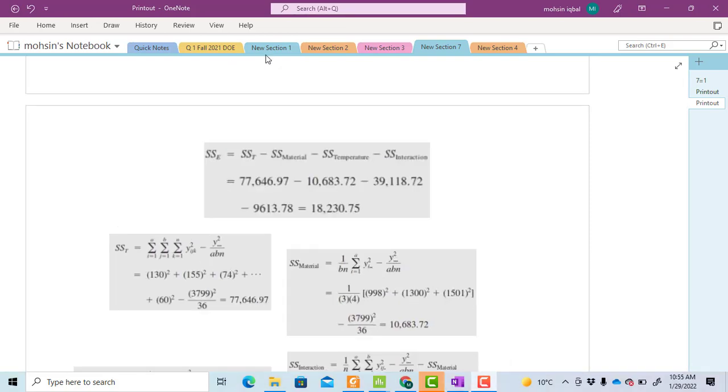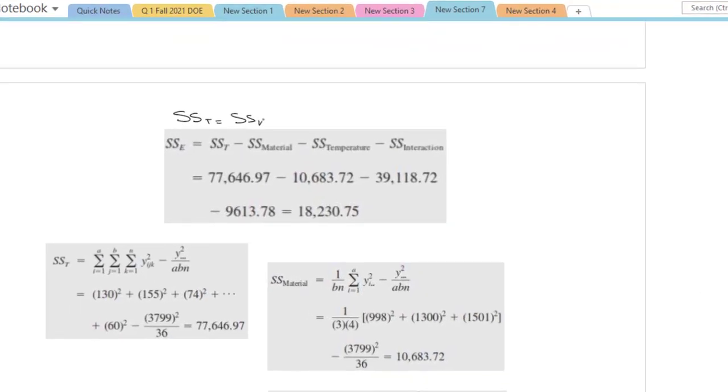Now sum of square of the errors. The SST formula, sum of square total, is equal to sum of square of A, means material, sum of square of B, means temperature, sum of square of AB, and this is the interaction term, plus sum of square of the error.